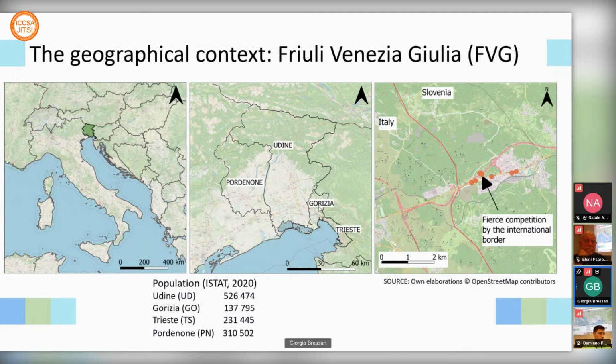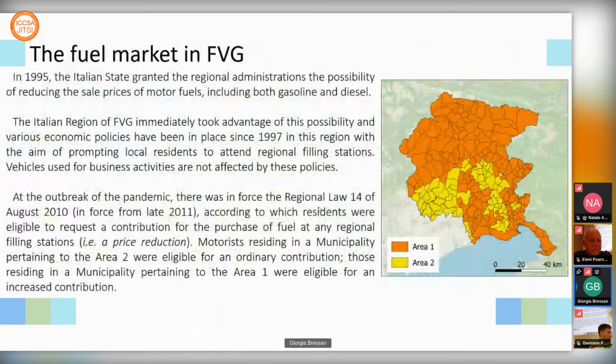In fact, you can notice that in close proximity to the international border, in the Slovenian city of Sežana, there are a series of filling stations that are strategically located in order to attract Italian customers. However, there is an important note to make: there is in force a regional policy aiming at preventing the purchase of foreign fuel.